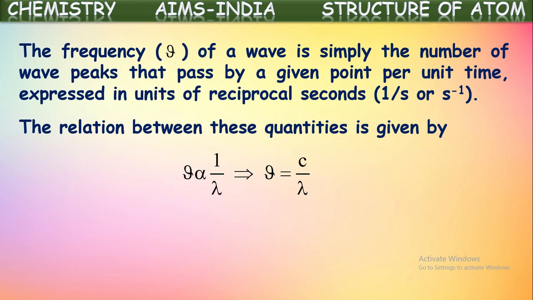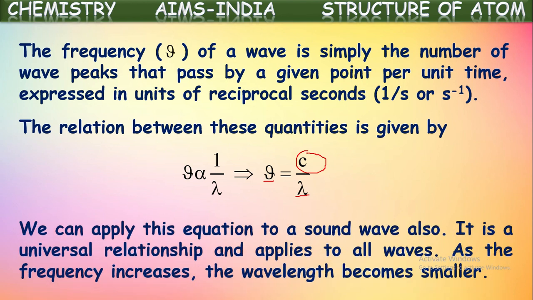By that it became nu is equal to c by lambda, where nu represents the frequency of the wave, lambda is the wavelength of that electromagnetic radiation, and c is a constant called the velocity of light. What is the velocity of light? It is equal to 3 into 10 to the power of 8 meters per second, or 3 into 10 to the power of 10 centimeters per second.